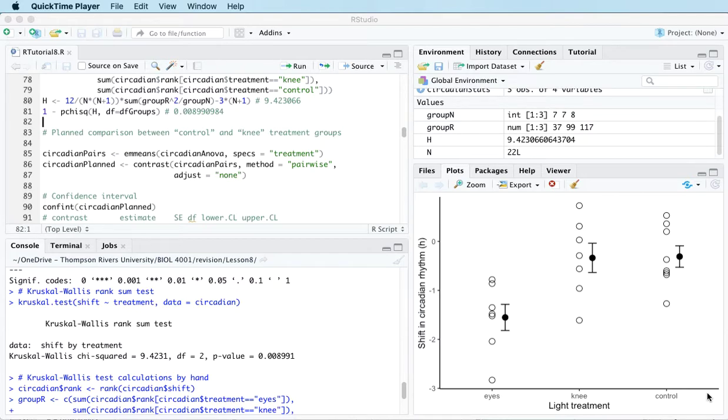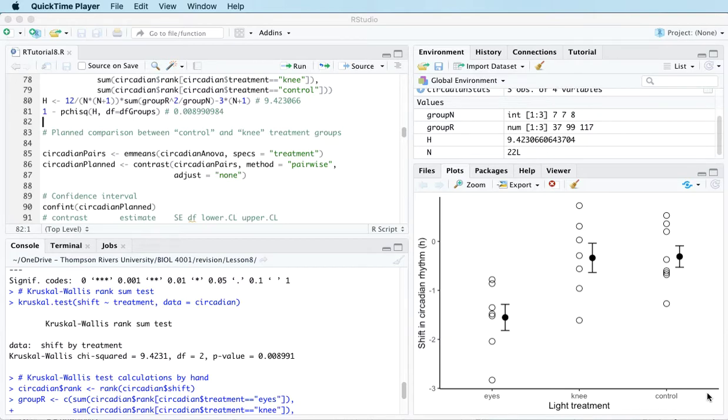The other approach is if you come into the experiment and you don't have a specific interest in comparing 2 of the levels. Your interest is broader, and you're interested in comparing all the different pairs of levels.